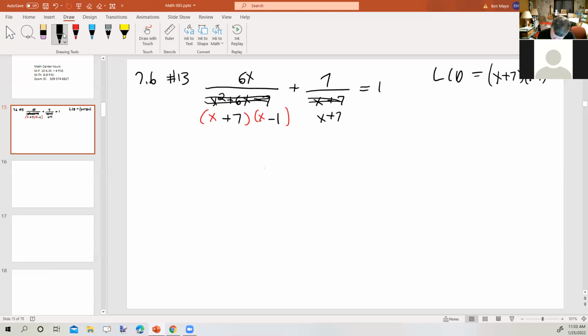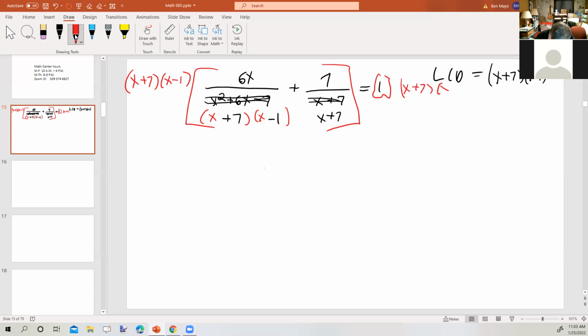Okay. So let's see here. I'm going to erase this so that we have more room over here. And we're going to multiply this side by x plus 7 times x minus 1, and this side by x plus 7 times x minus 1. All right.